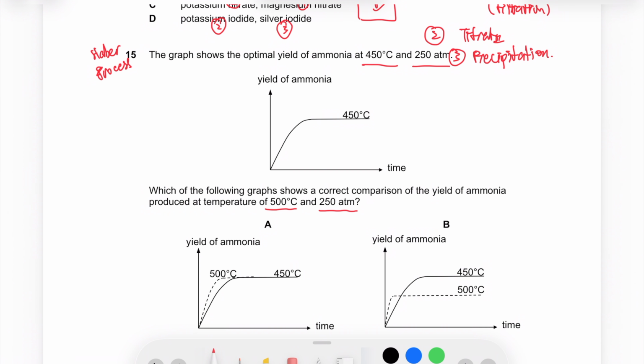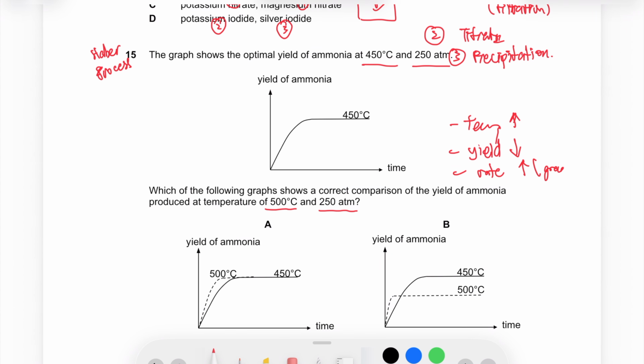When temperature is higher, if you memorize the graph, the yield should decrease, so it should end at a lower point. But under rate of reaction, when temperature is higher, the rate of reaction will be higher, so the gradient will be steeper.